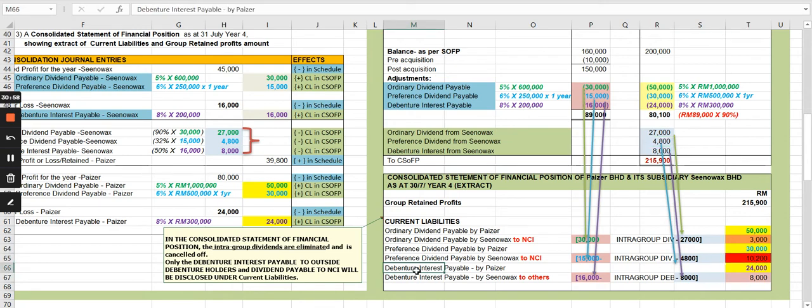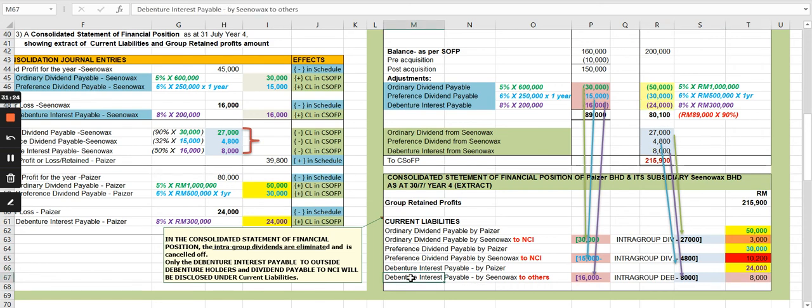The next one is for the debenture interest payable. Take the debenture interest payable of the parent first, because no adjustment is needed. Debenture interest payable by parent is 24, right? Which is here, 24,000.